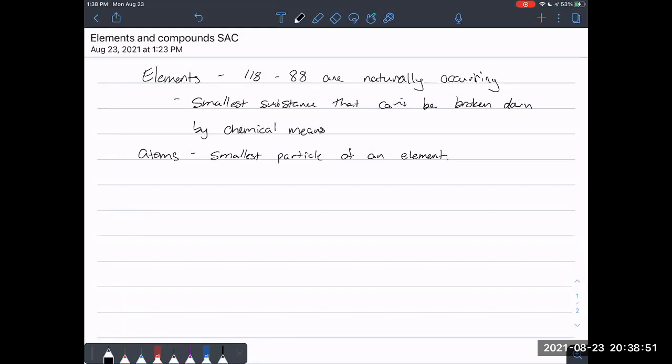We can break atoms down further into subatomic particles, so subatomic smaller than atom. However, if we do break an element or an atom down into a subatomic particle, it's no longer going to contain the same properties that make that particular element.